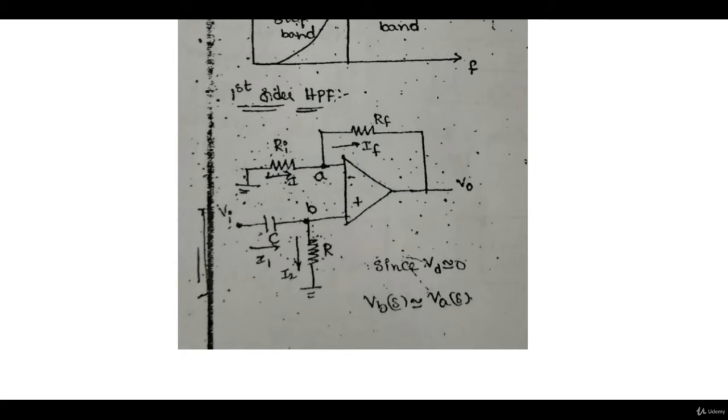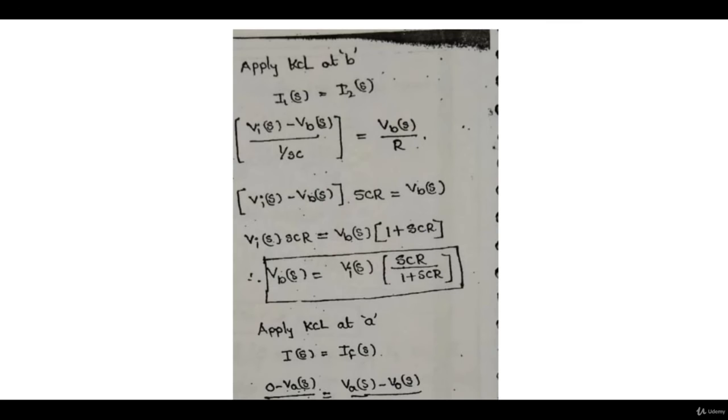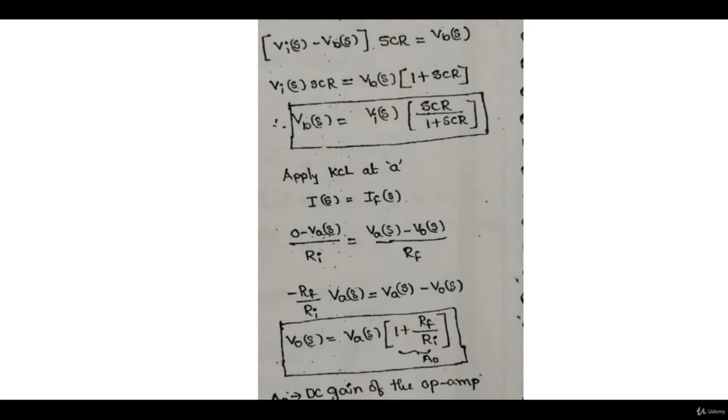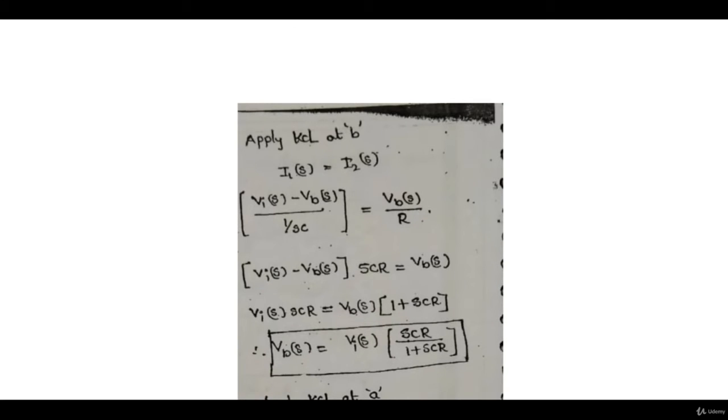Applying virtual ground here and writing the equations, if you write the KCL equation at B, you will get I1(s) equal to I2(s), which is (V1(s) minus VB(s)) divided by 1 by SC, the current through the capacitor, equal to the current through the resistor R, VB divided by R.